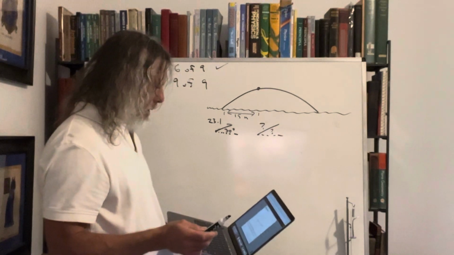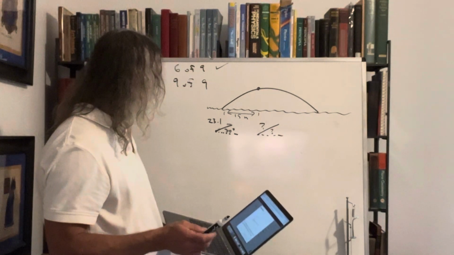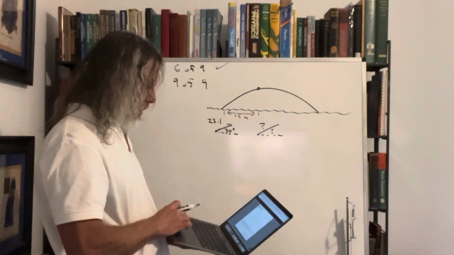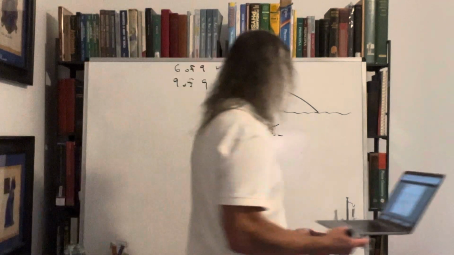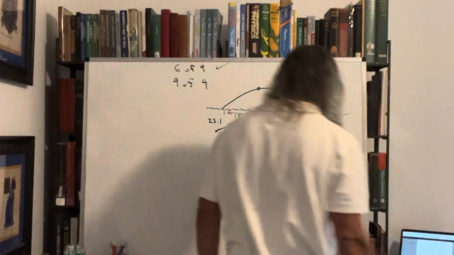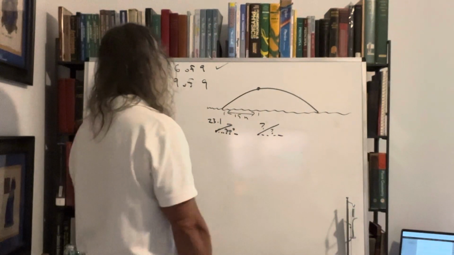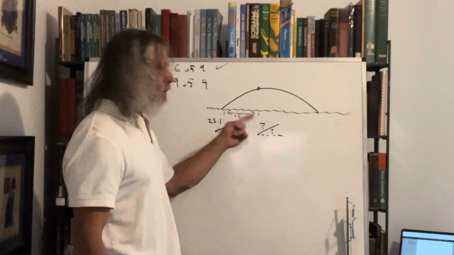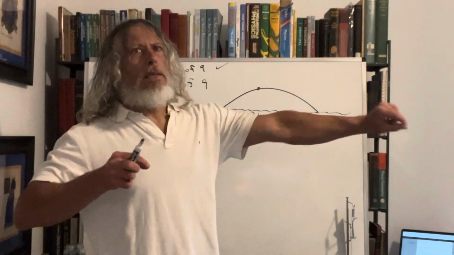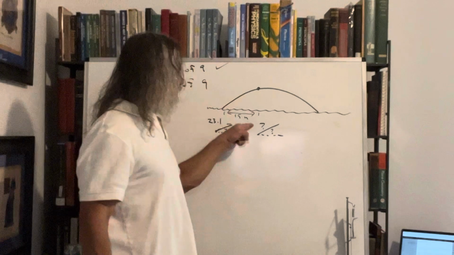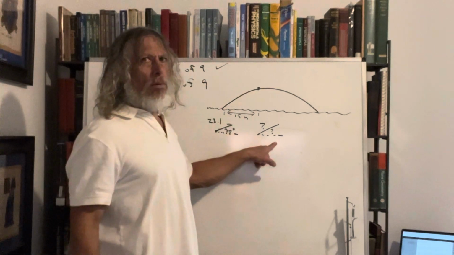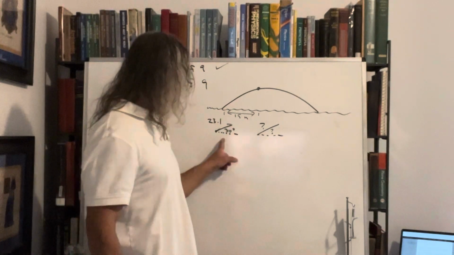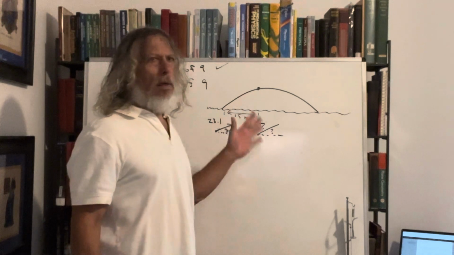15 meters, 30, 23.1. Okay, cool. So we get this one and break it down, and the horizontal gets transferred over. Because remember, horizontal velocity doesn't change. This vector is going to have the same horizontal component as this is, but the up and down will change.